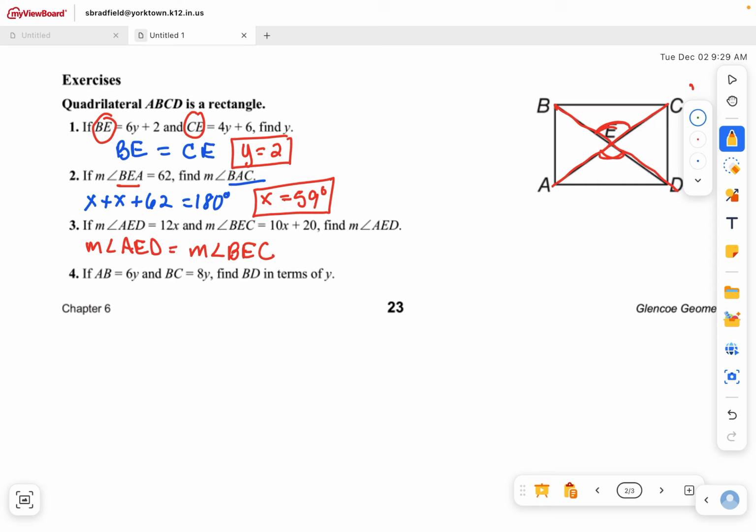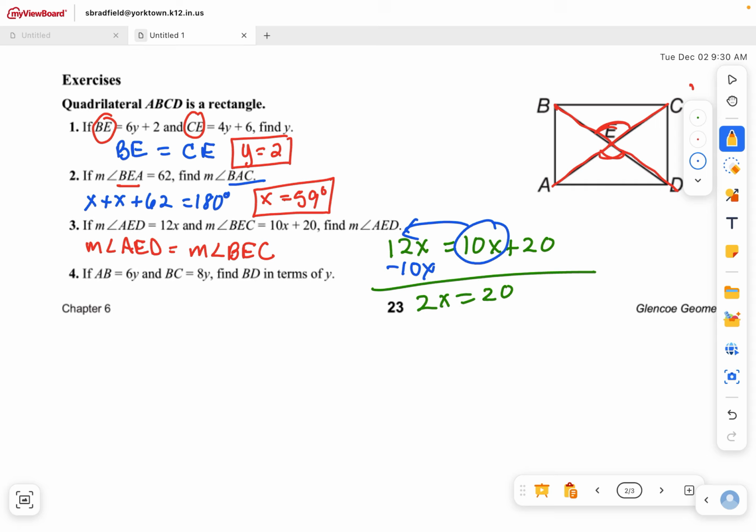Then to solve that, we're just going to plug those values back in. 12x is for AED, BEC is 10x plus 20. Variables on the left. I'm going to subtract 10x. 2x equals 20. And then we're going to divide by 2. x equals 10.